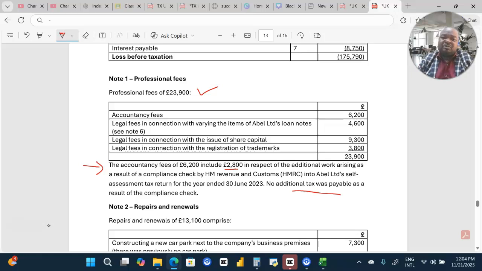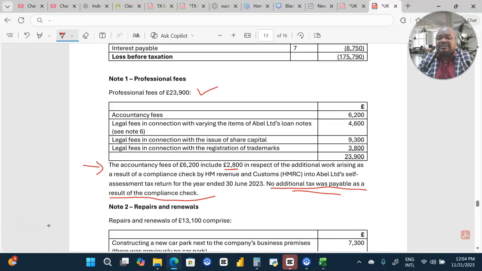The statement by the examiner shows that it was just a normal check. The taxmen will come one day. It doesn't mean that they want to fine you, but they want to verify that you're doing things right and that things are operating as they should. So in those situations, you are allowed to deduct those costs.